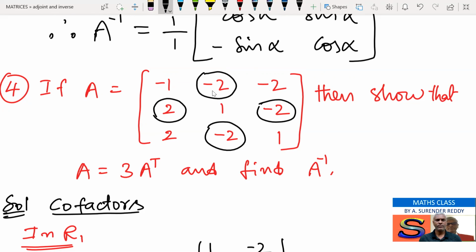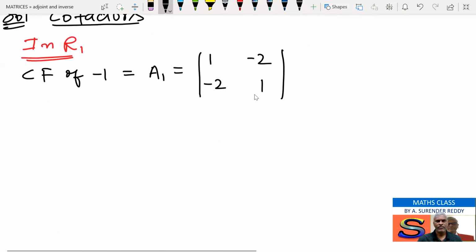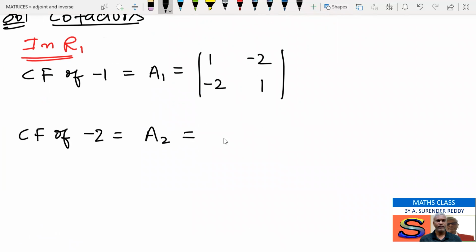Now let us find the cofactor of -2, the second element, and let us name it.